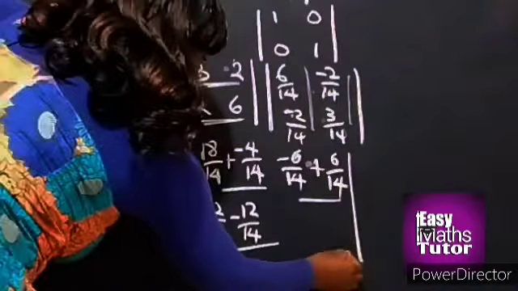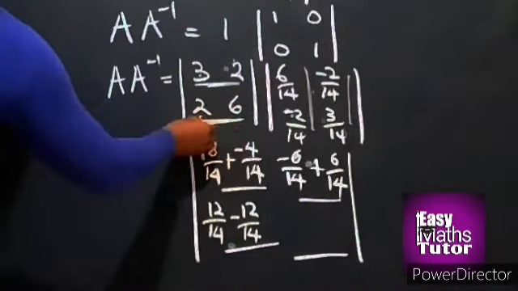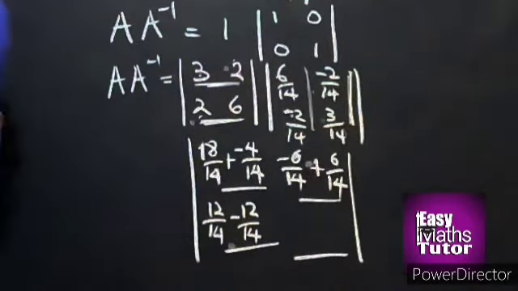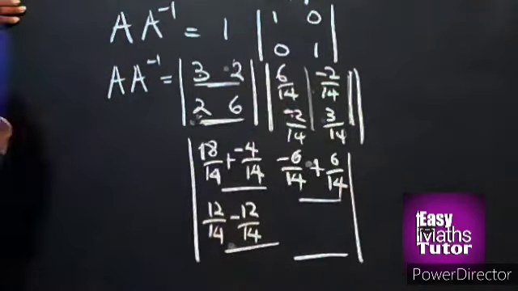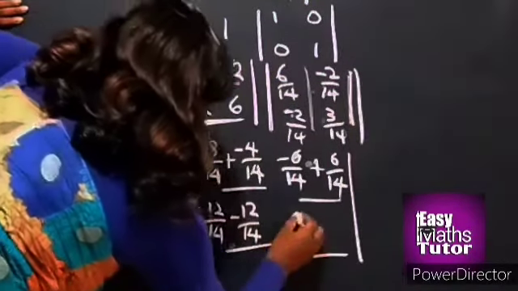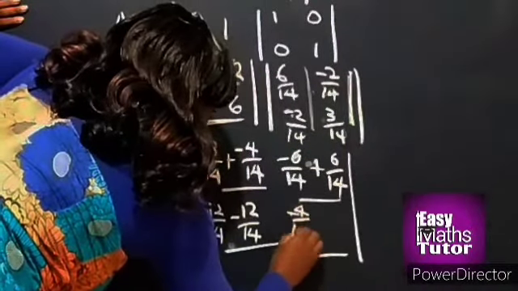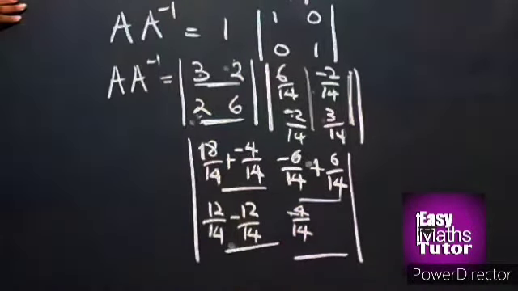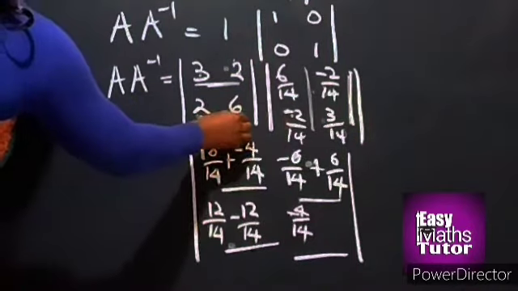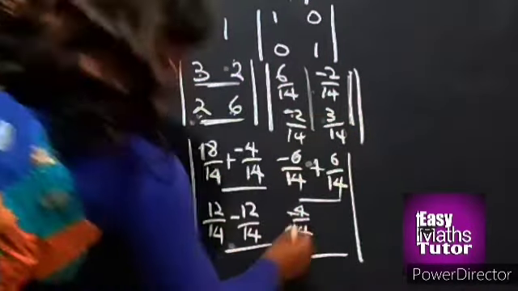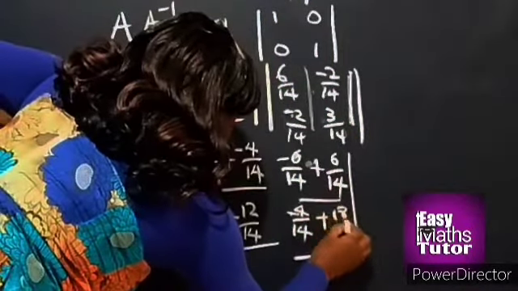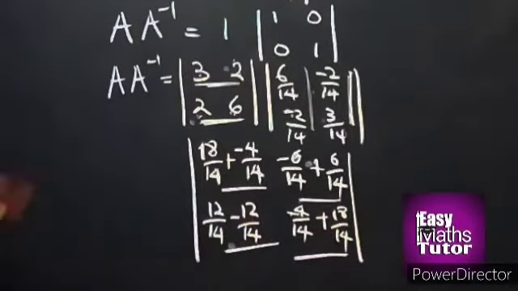Now for the final element, you multiply this by this. So it's 2 times minus 2 over 14, which is minus 4 over 14, right? Plus 6 times 3 over 14, which is plus 18 over 14.